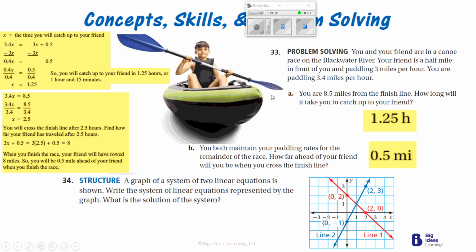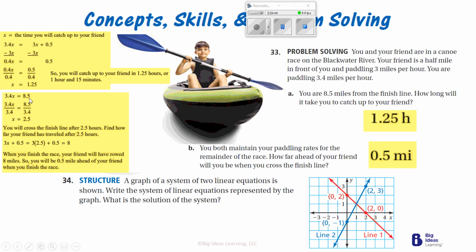And 8.5 miles from the finish line, you realize that at 1 hour, you're already going to be at 5.5, in another 15 minutes just to catch him. Oh, well, let's look. You've got 8.5 miles left, okay?